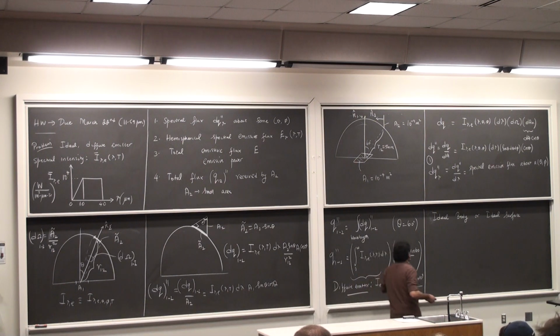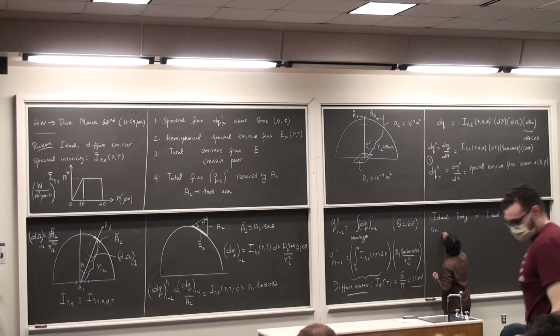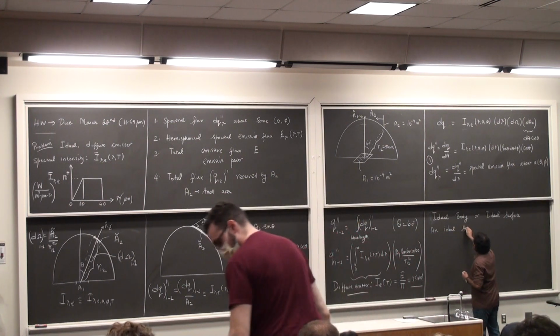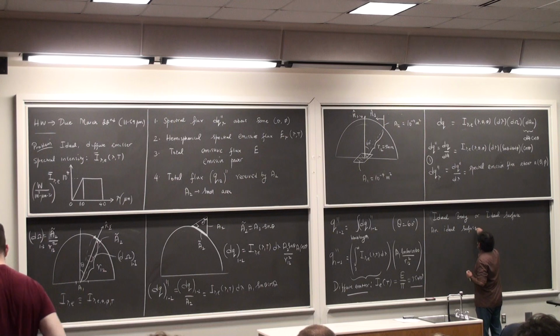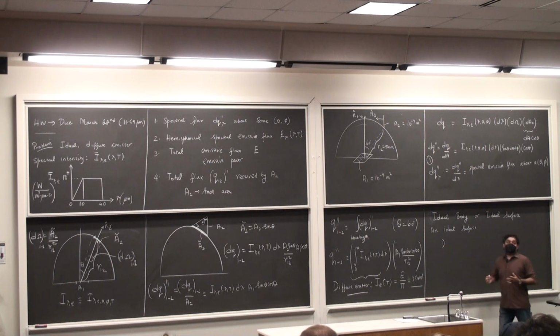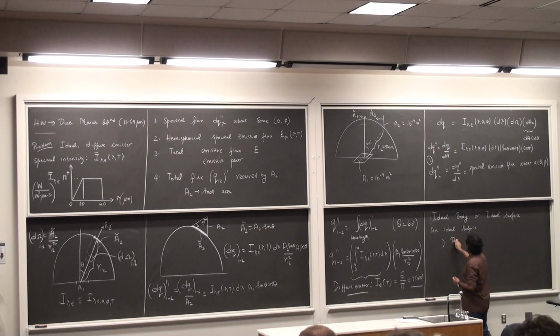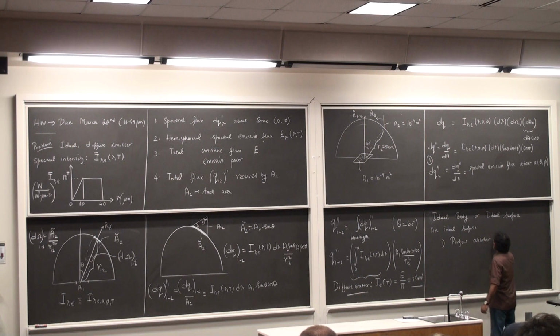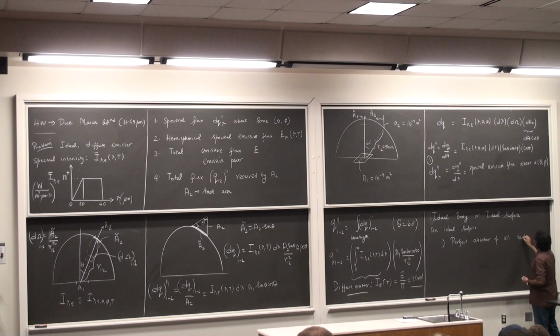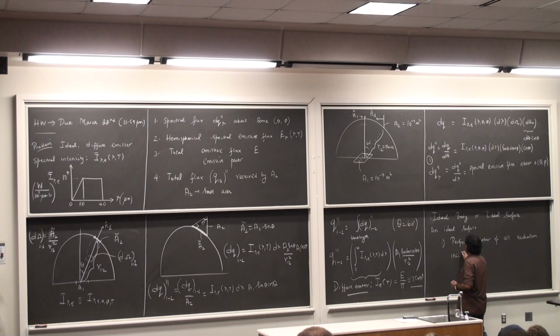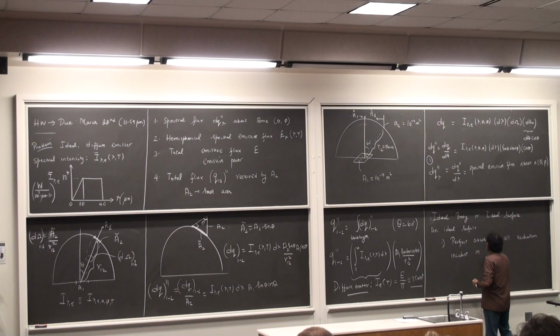An ideal surface is a perfect absorber of all radiation incident on it. That's the first thing.